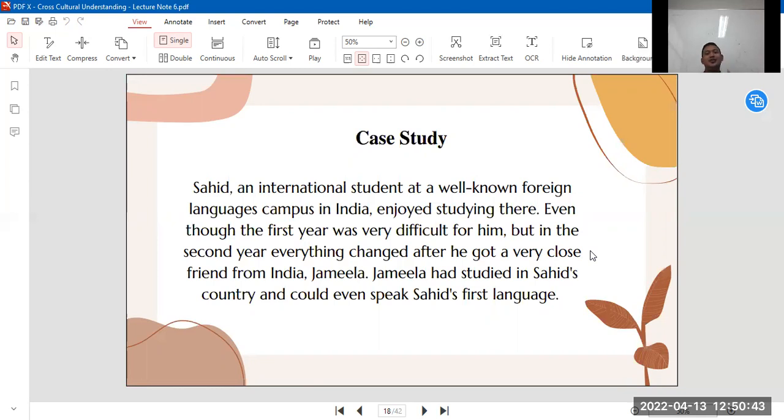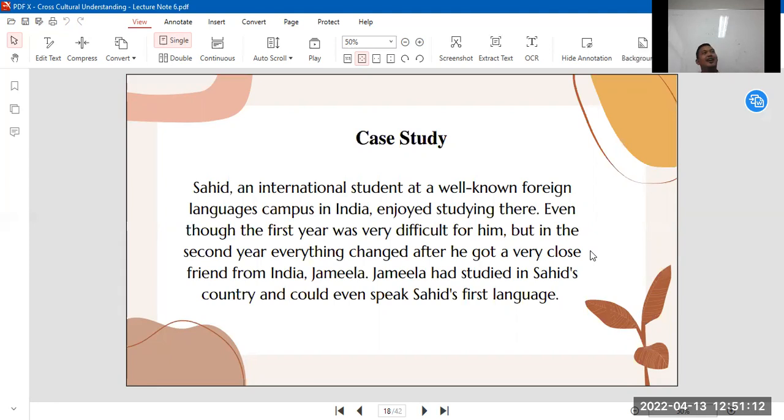Sahid got close to Jamila because Jamila has certain verbal behavior that interests Sahid, that has similarity with Sahid.